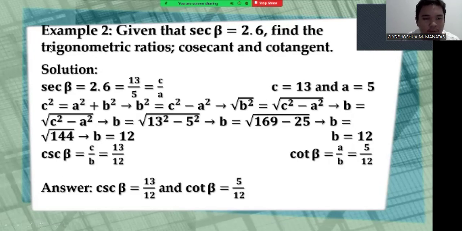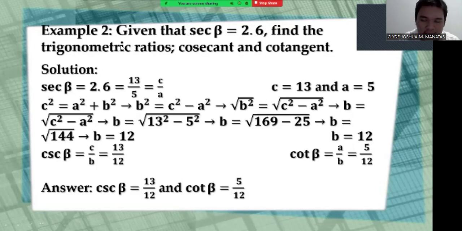So 2.6 is equal to 13 over 5. That means the C, or the hypotenuse, is 13, while the A, or the adjacent, is 5.